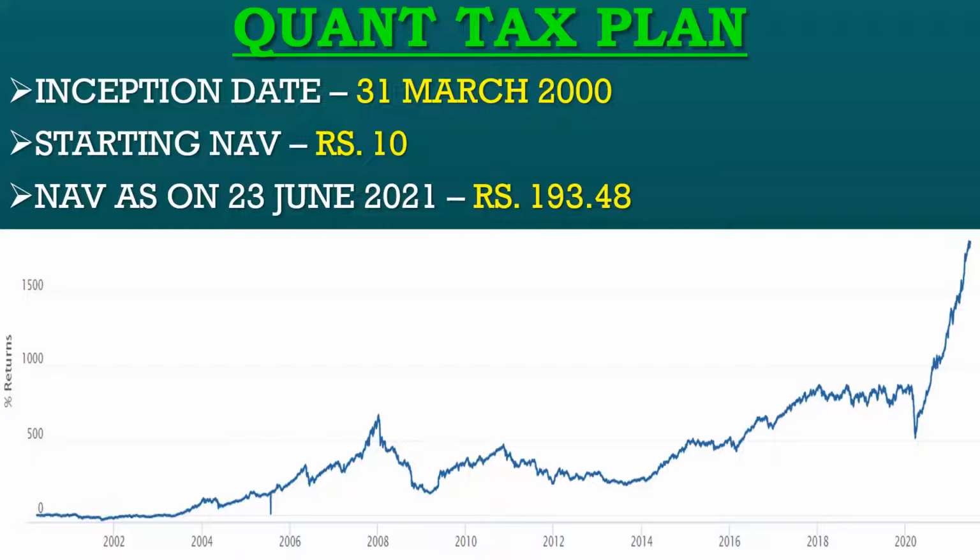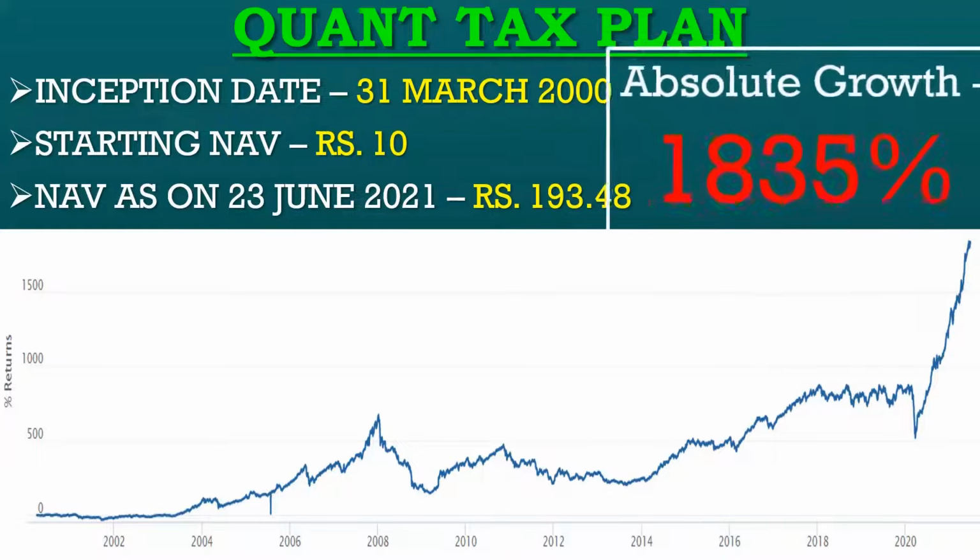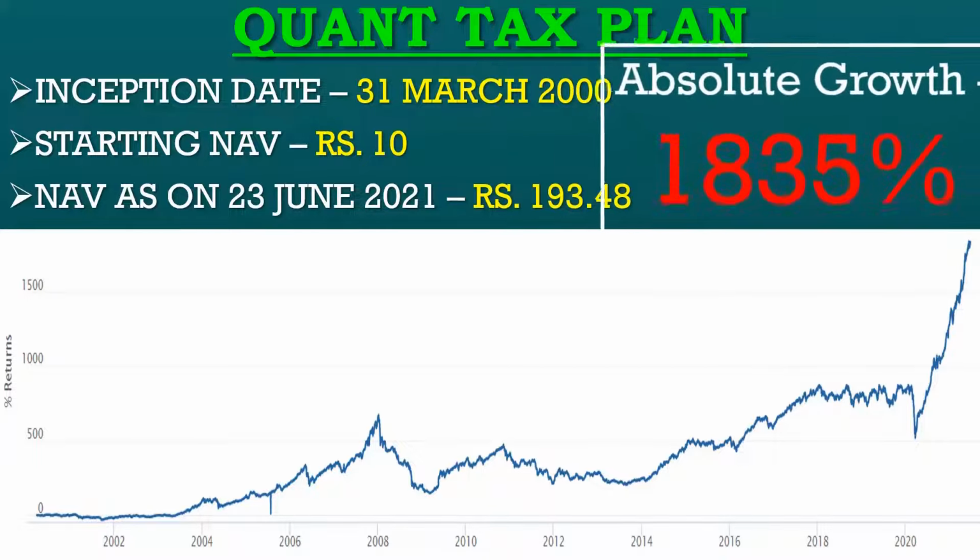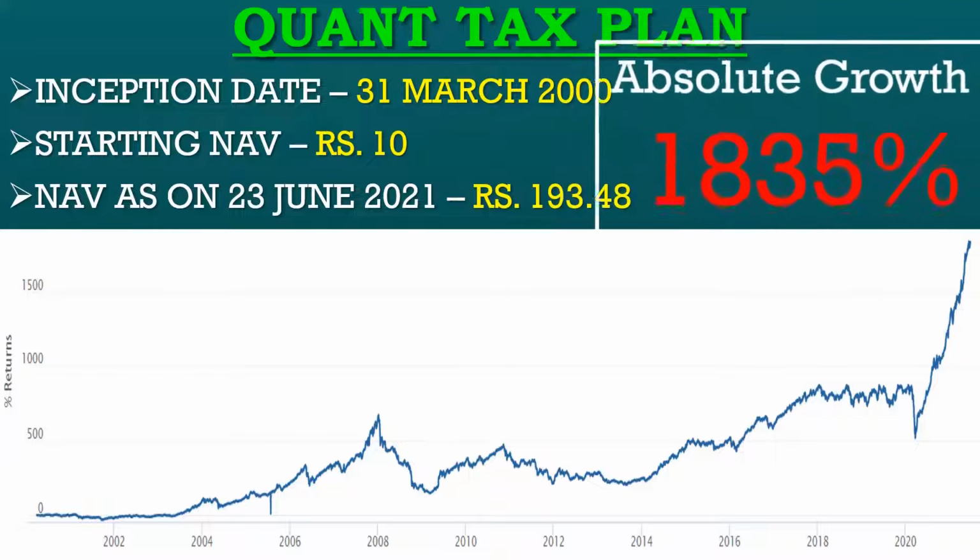The inception date of this fund was 31st March 2000 with a NAV of Rs 10. The current NAV as on 23rd June 2021 is 193.48. The absolute growth for this fund since inception has been 1835%.